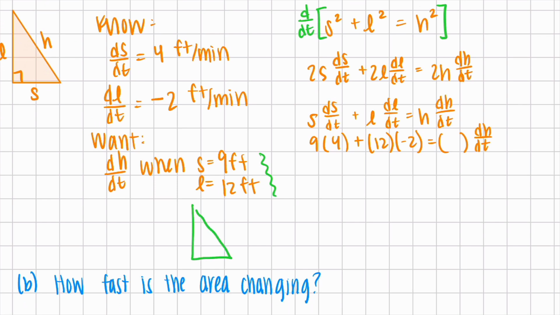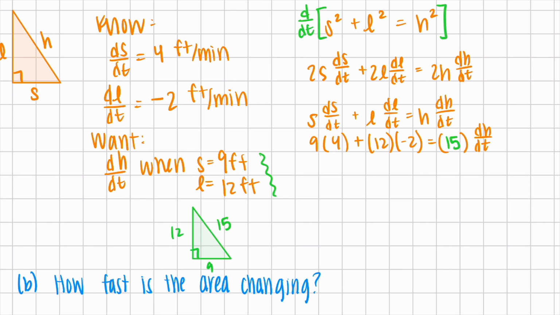So in the moment, I can figure out what h equals. S is 9, L is 12. Notice that this is a 3, 4, 5 right triangle, just multiplied by 3. So 5 times 3 is 15, so h is 15.